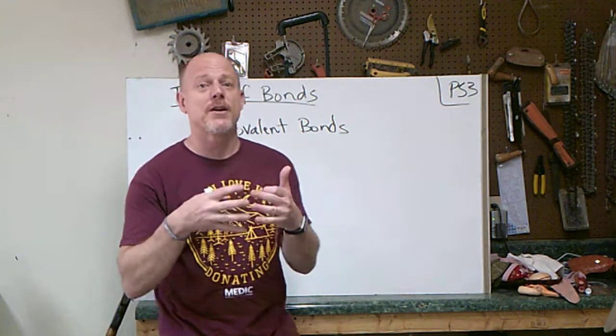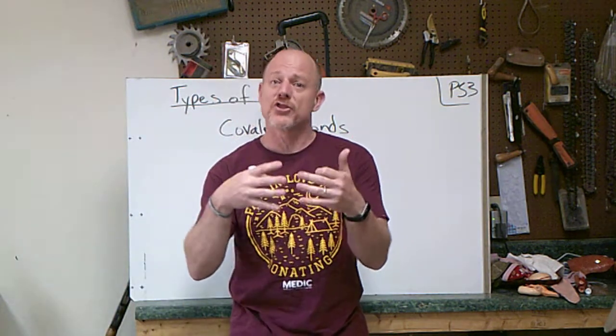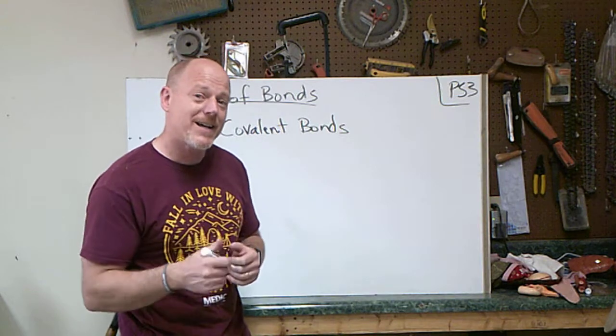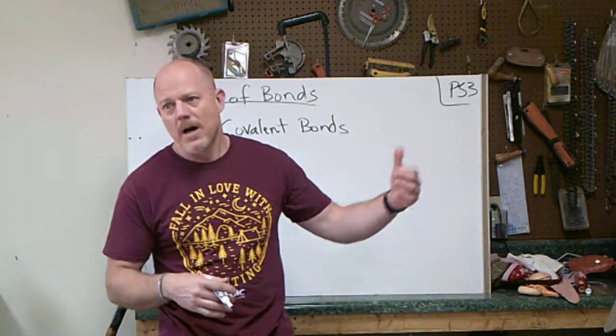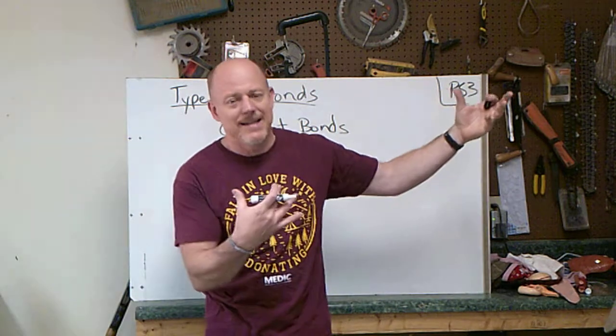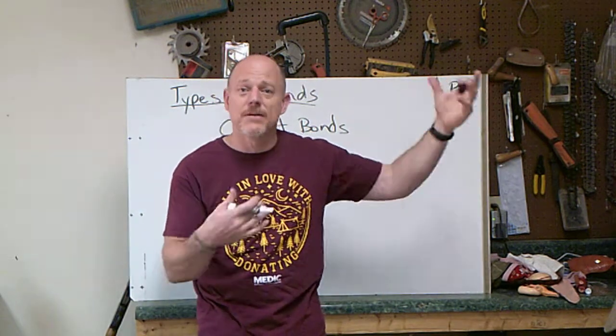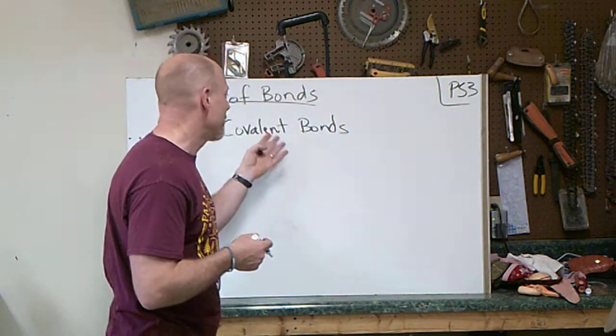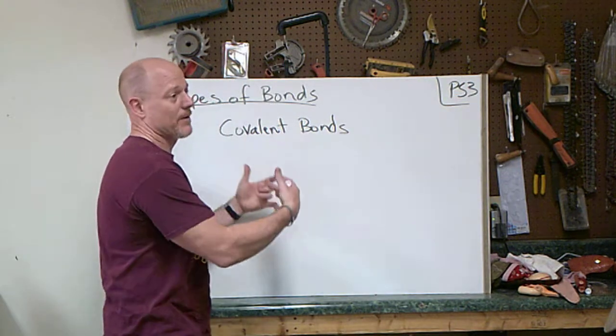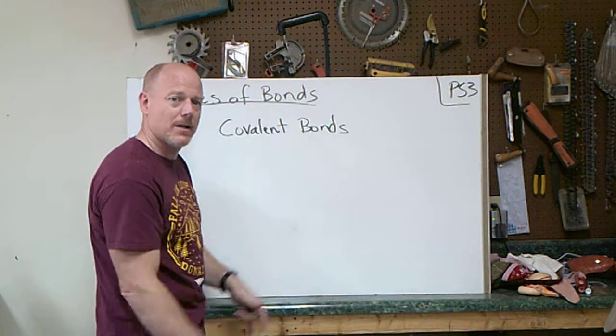In other words, there's sharing of electrons, equal sharing in covalent. In ionics, you heard about relationships where one is the taker and one is the giver. In ionic bonds, one of the people takes everything and the other one gives everything, and it's like a one-way street. Those tend to be unhealthy relationships, but these would be like healthy relationships because they share everything. These molecules are sharing electrons.